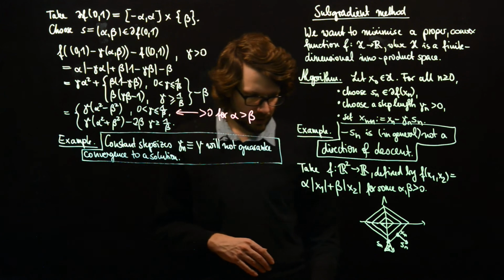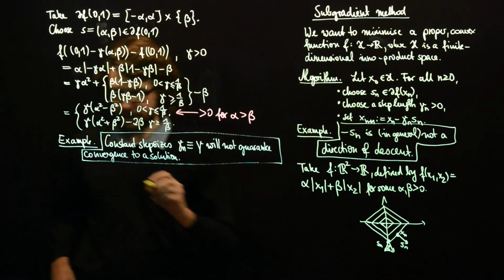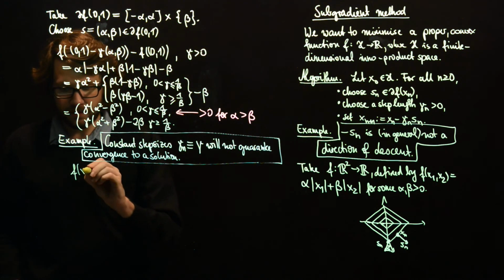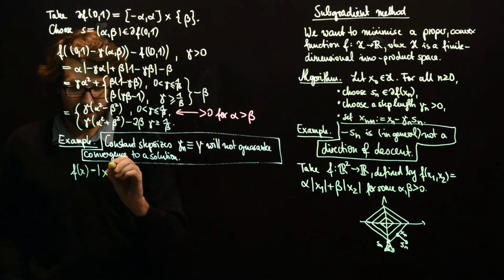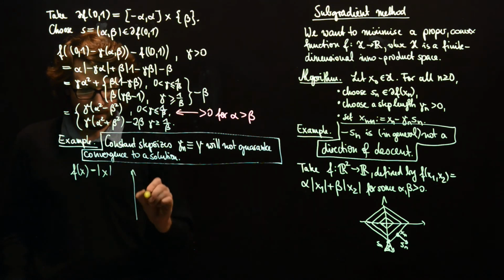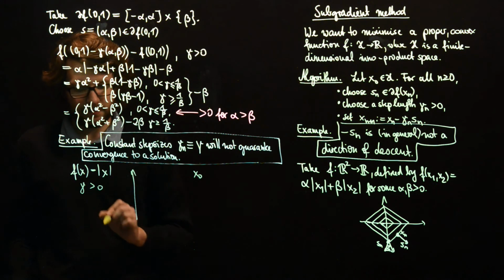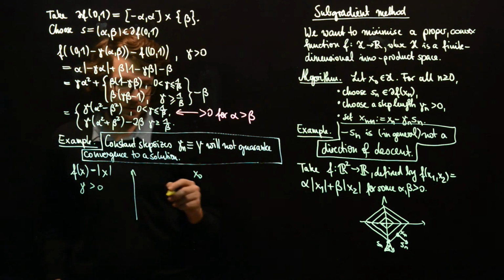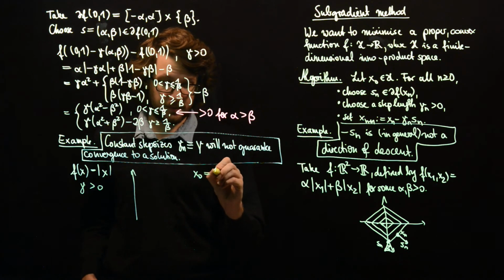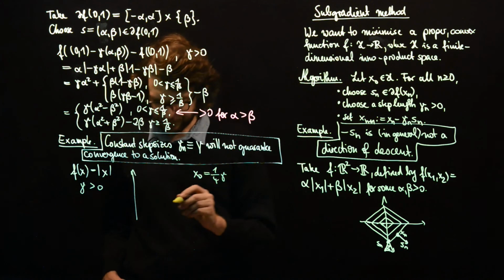Okay. The example is simpler. You just take a one-dimensional function equal to the absolute value. You take some gamma greater than 0. You start with x0 equals a quarter of gamma.